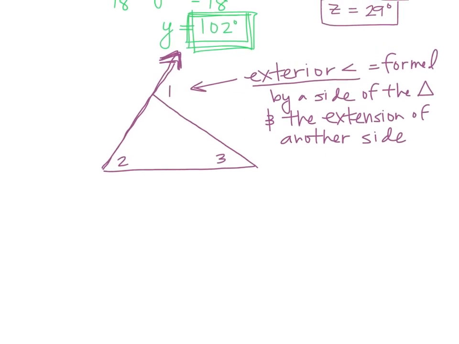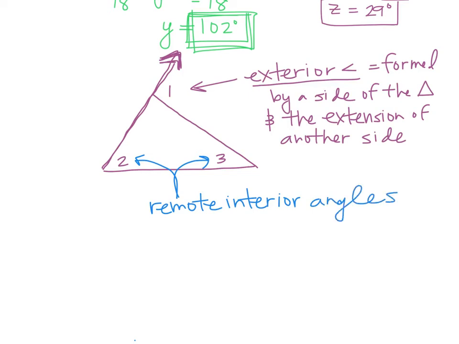And then these other two angles, angle 2 and angle 3, are what we call remote interior angles. What does it mean to be remote? Isolated. If I said I went to a remote desert island, far away.